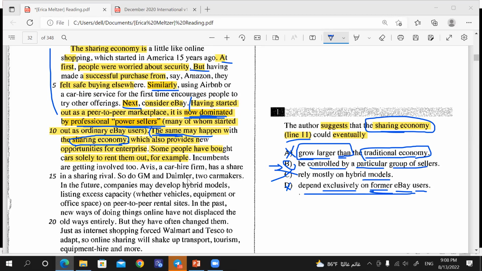Yes, Mariam. Yes, miss. The word eBay users is used too much, so should it be a hidden word? Okay, but here my main focus is on the sharing economy, right? Yes. Okay, good. I need to read what is related to the sharing economy and find a reference in the passage related to this main focus.